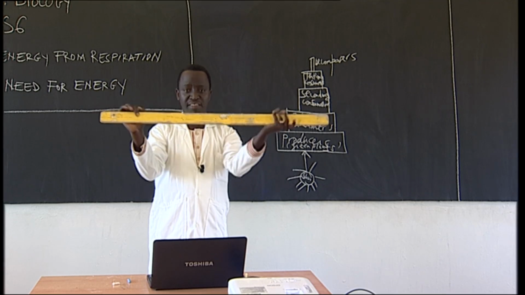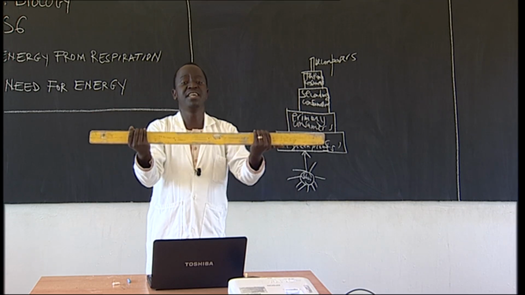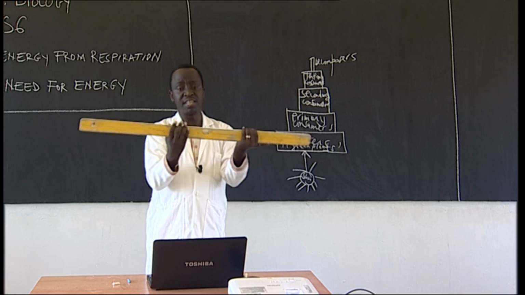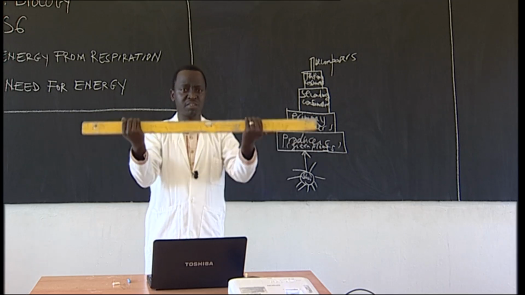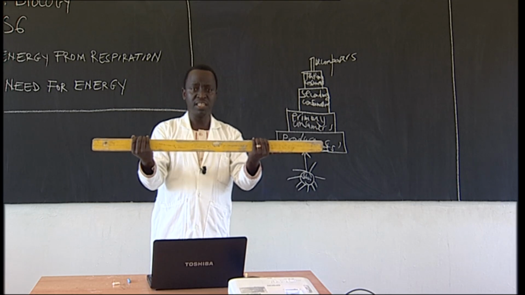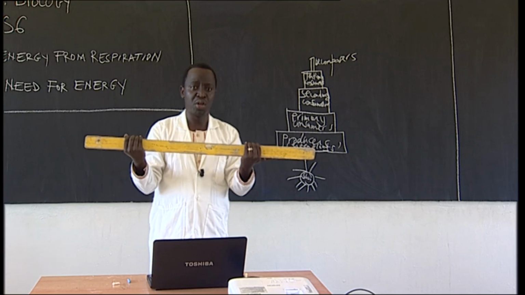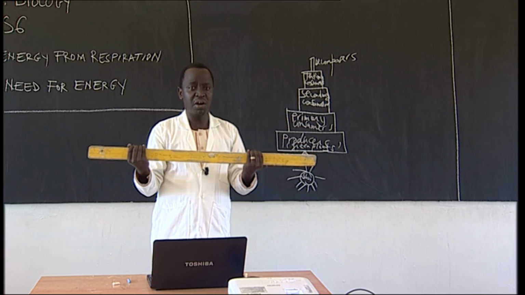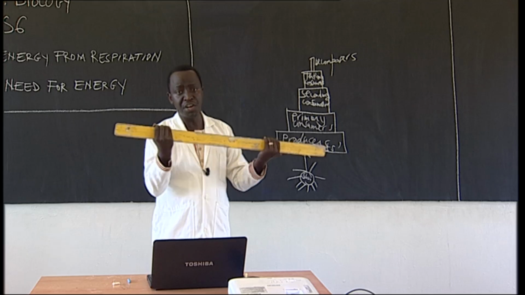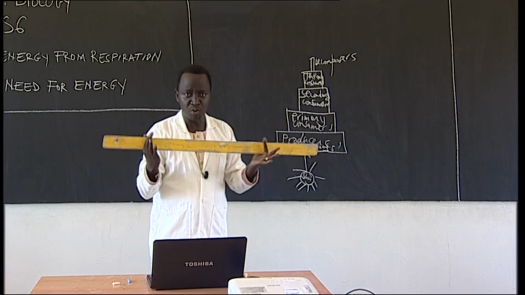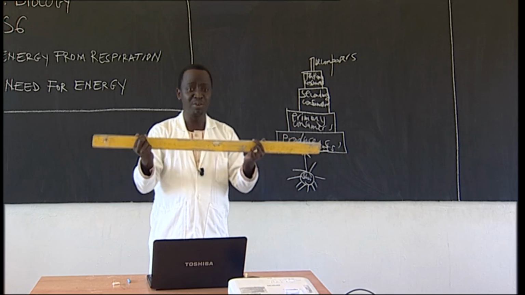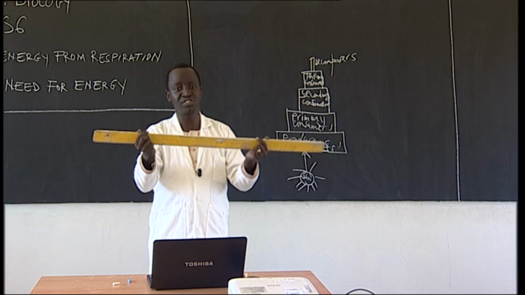If I don't have energy, I cannot carry this. So this is what you call potential energy. It is energy that an object or an organism possesses according to its position.